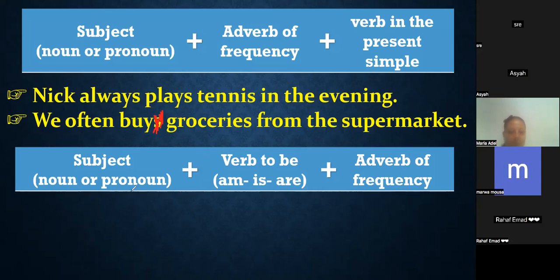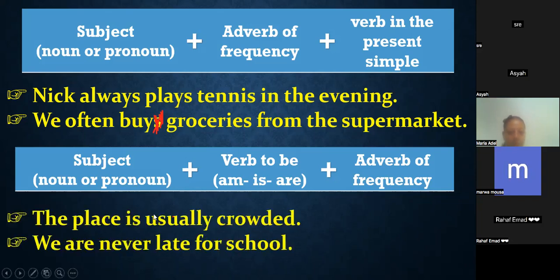The next, if we have the verb to be in the sentence, am or is or are, the adverb of frequency comes after them. So we have the subject, noun or pronoun, then the verb to be, then the adverb of frequency. Like, the place is usually crowded. As you see here, usually is after the verb to be.